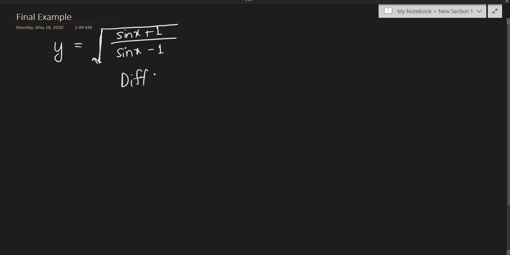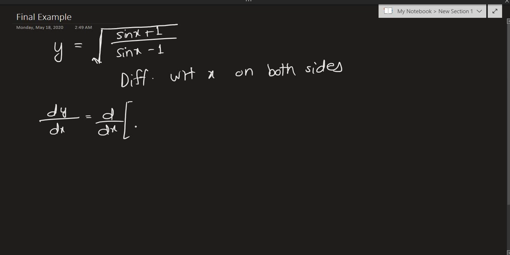So let's differentiate with respect to x on both sides, because differentiation is an operation. So we have dy over dx being equal to the derivative of the square root of sine of x plus 1 divided by sine of x minus 1.